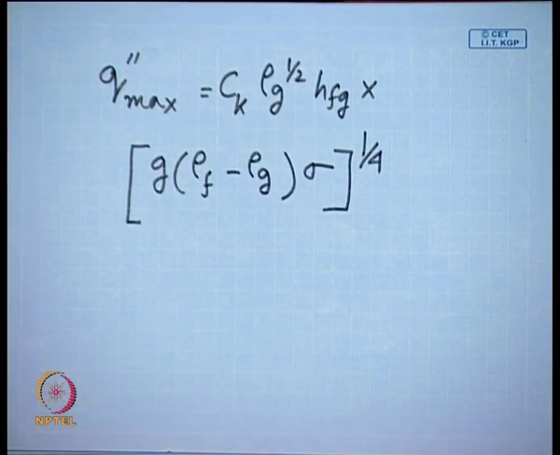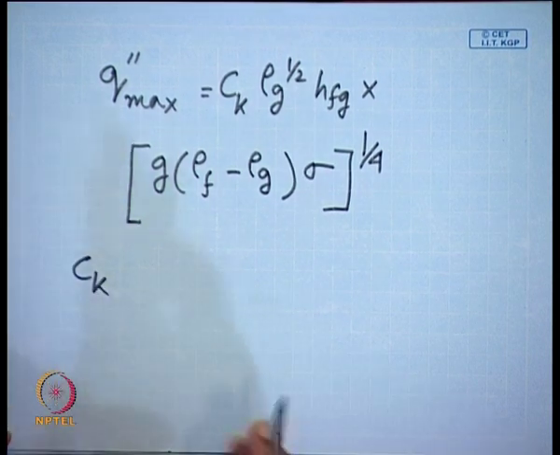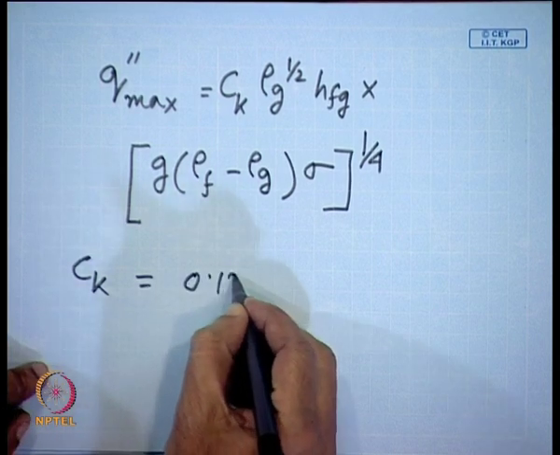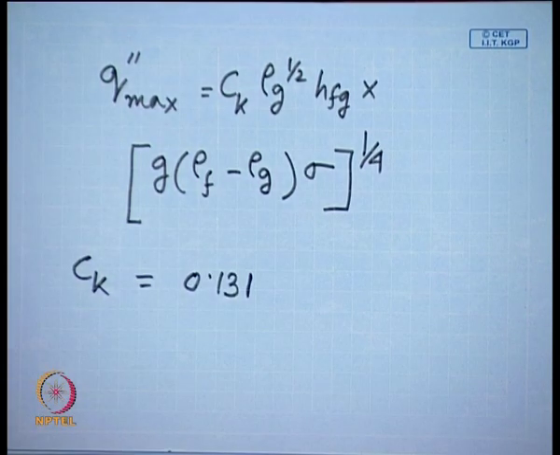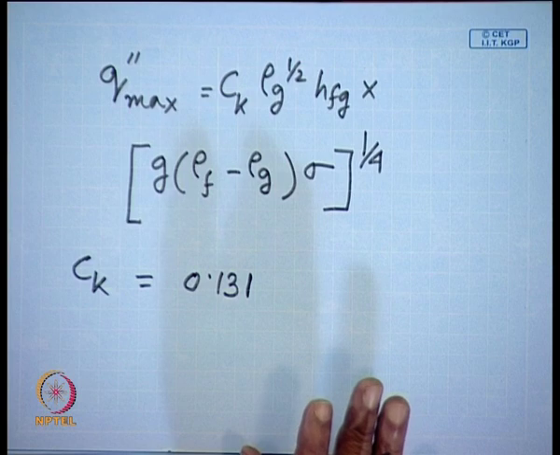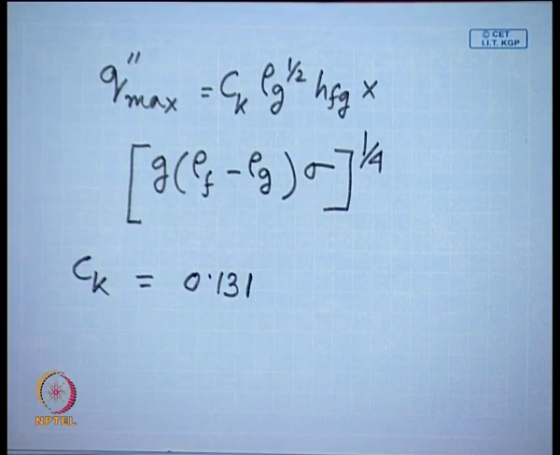So, this is the relationship which he has given, and C k, obviously this is an empirical constant. So, C k is 0.131, and this has been not obtained by any theory, this has been obtained by fitting the data. So, Kutateladze was the first person then to establish some sort of a similarity, or to point out some sort of a similarity between the flooding phenomena and the phenomena of critical heat flux.